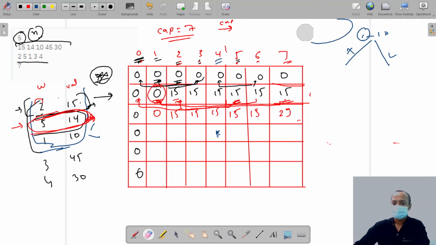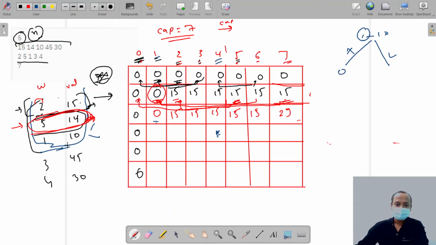First, if we exclude this item, what value do we get if the capacity of the bag is 1? We get 0.